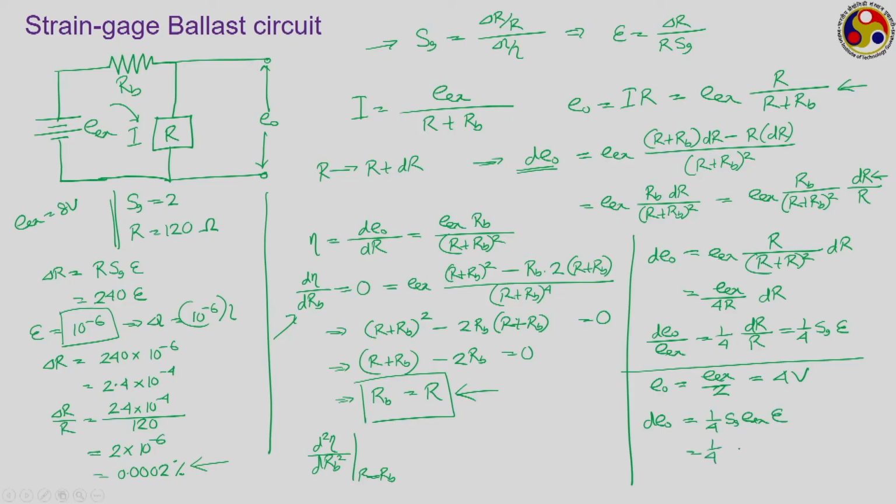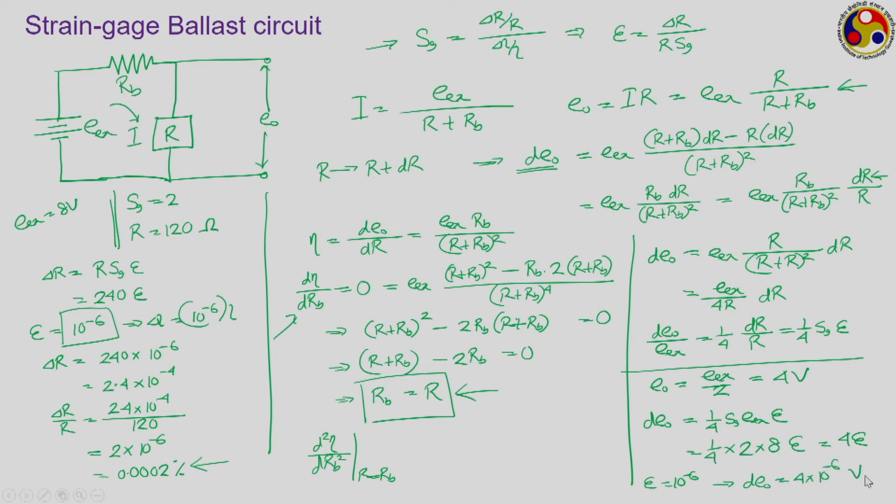So, 1 by 4 into Sg, which is 2, into 8 epsilon, that is finally 4 epsilon. So, when your epsilon is equal to 10 to the power minus 6, the corresponding change in voltage is just 4 into 10 to the power minus 6 volt.